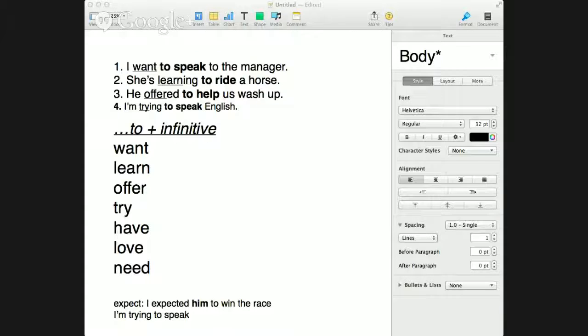Listen. Okay, can you give me an example? I like to listen to the professor speaking. All right, very good. Now, that's not a verb. Yeah, that's the correct sentence.